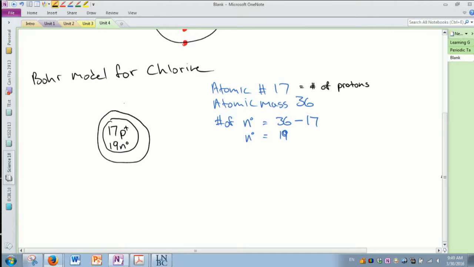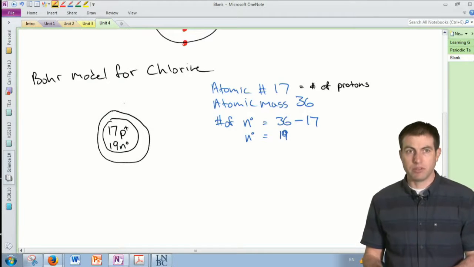If we have 17 protons, how many electrons do we have? 17. I see a vote for 17 from Avery. I like it. And Avery, you are perfectly correct.